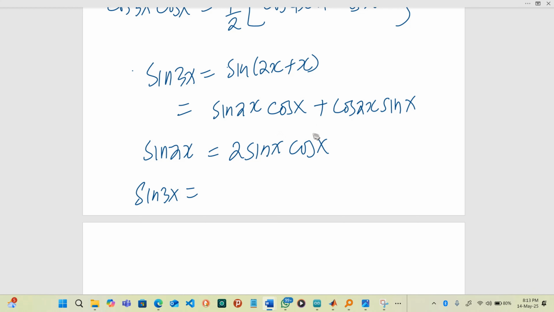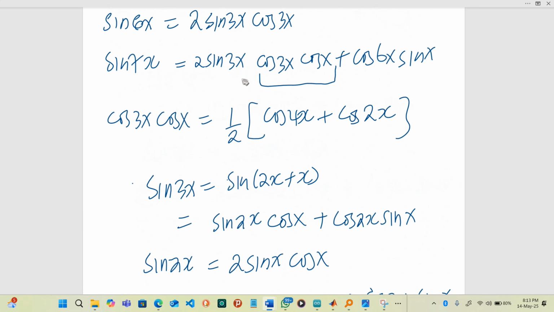So this is going to be sine 2x, which is 2 sine x cos x. We multiply by this cos x here. Then we are adding there cos 2x sine x.